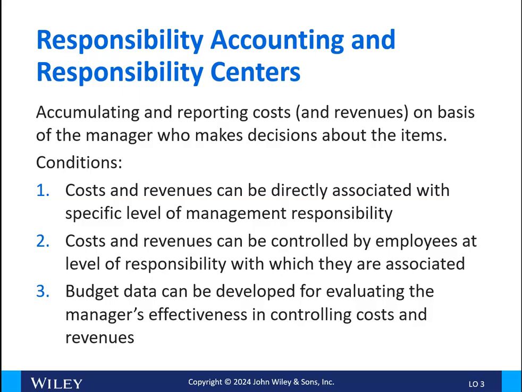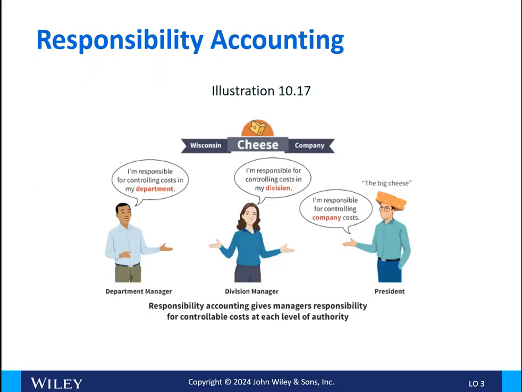So its costs and revenues can be directly associated with a specific level of management responsibility. Costs and revenues can be controlled by employees at the level of responsibility with which they are associated. Budget data can be developed for evaluating the manager's effectiveness in controlling costs and revenues. If we have that, we can have responsibility accounting and responsibility center reporting.